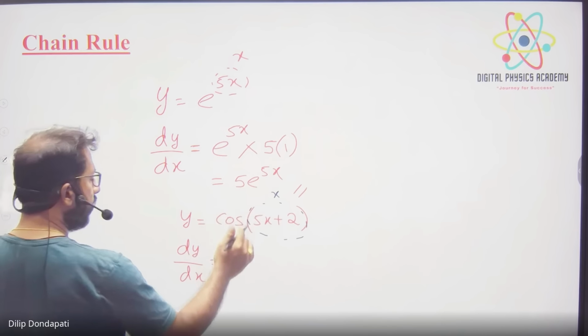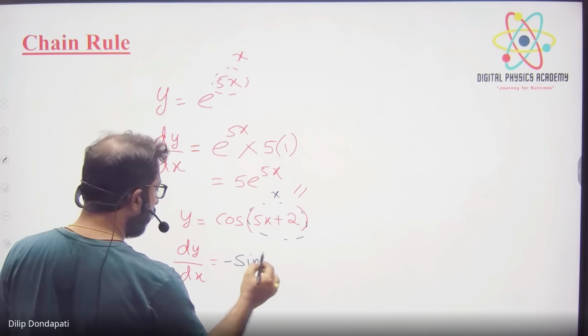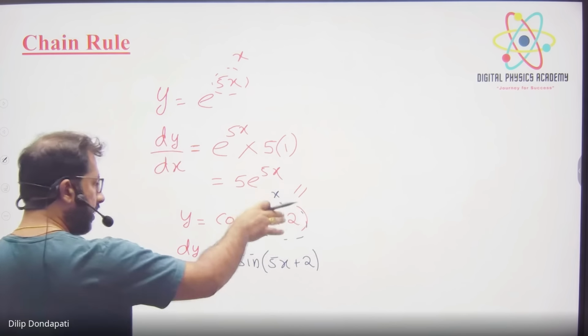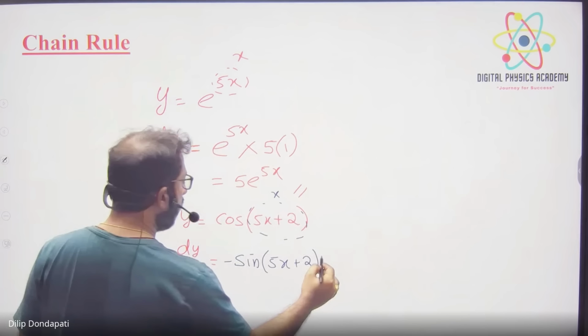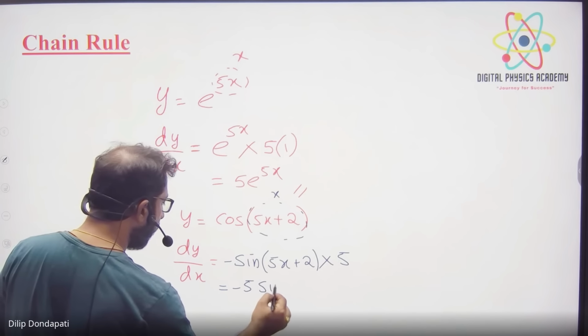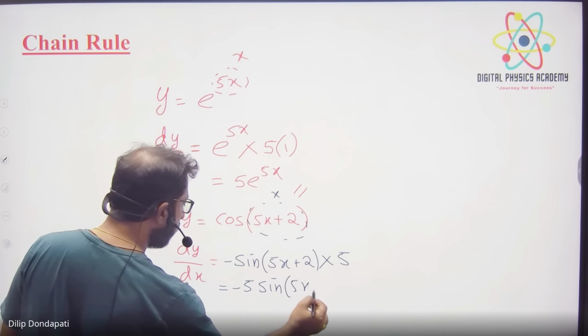So the differentiation of cos x is minus sin x. Minus sin, and whatever is there, that you have to write. Now whatever you assumed as x, you have to differentiate it further. Differentiation of 5x will be 5. Differentiation of 2 is 0. So minus 5 sin of 5x plus 2 is the answer.